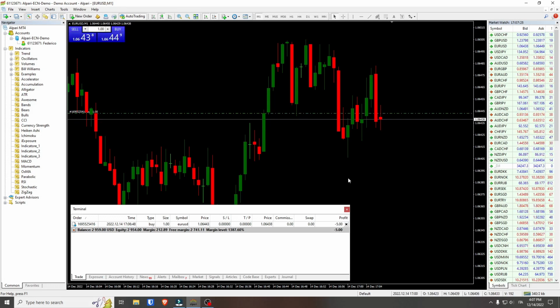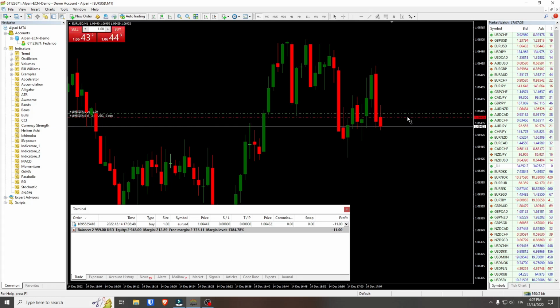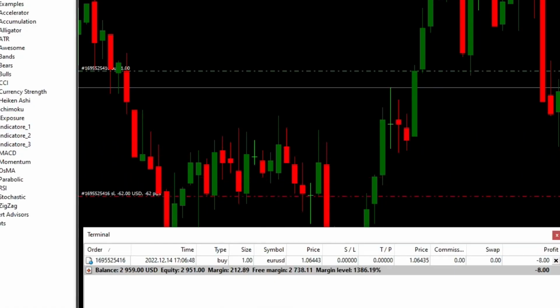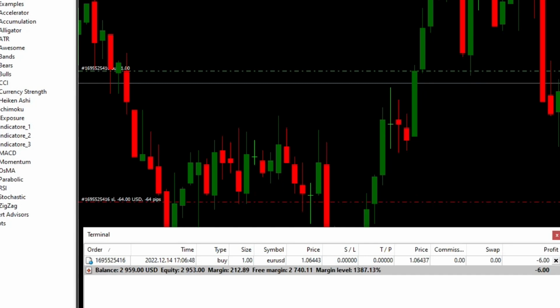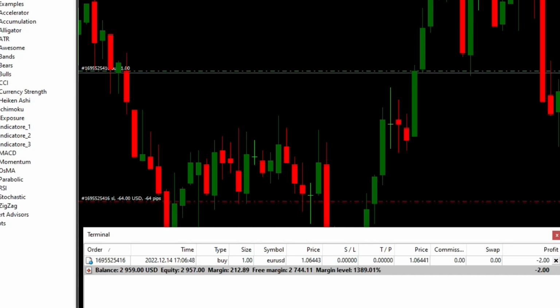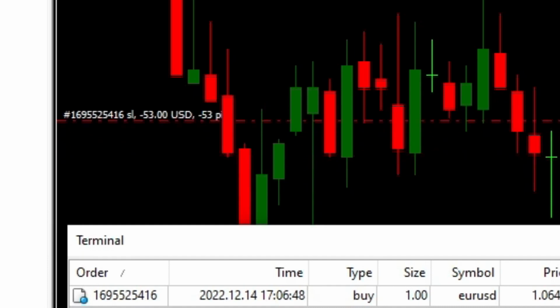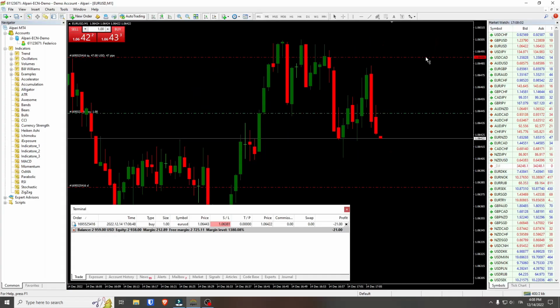For simplifying things, you can insert a stop loss level and a take profit level. Essentially, if I click on the order and drag it right here, as you can see on the left, this is my SL, stop loss. 64 USD dollars, 64 pips. This is of course how much you lose if the price reaches this level, and the opposite is the take profit.